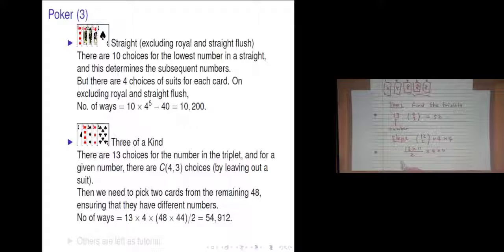So this is 48 times 44 divided by 2. The divided by 2 is because you take 2 numbers, 12 choose 2. When you calculate, you have to divide by 2. Okay. So we get this number.